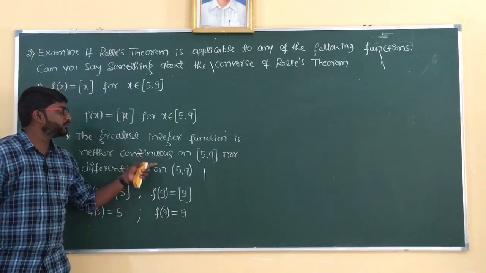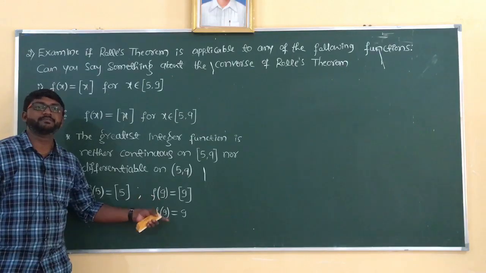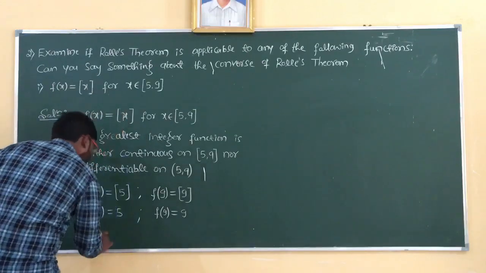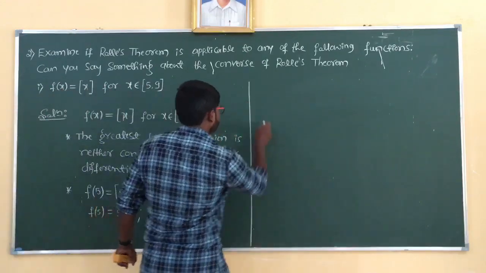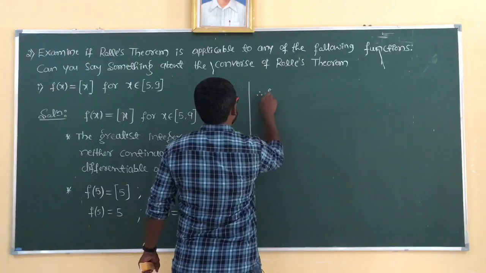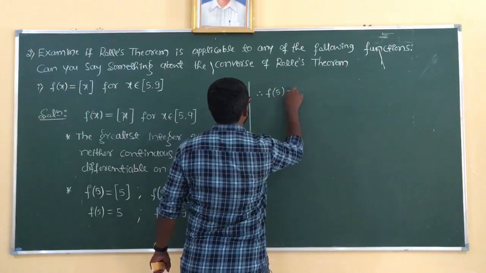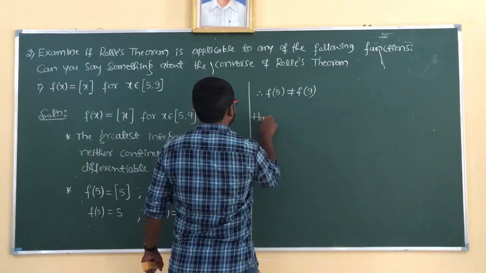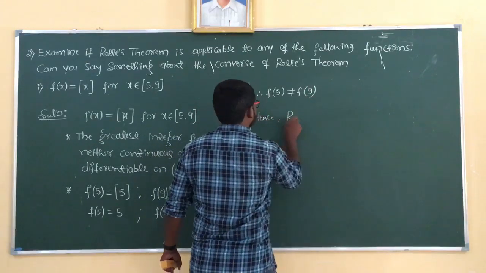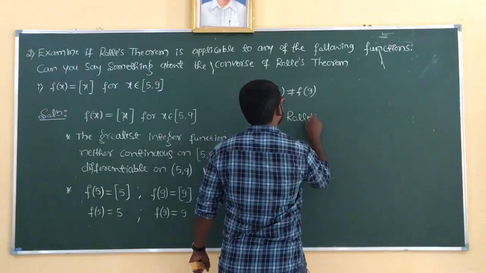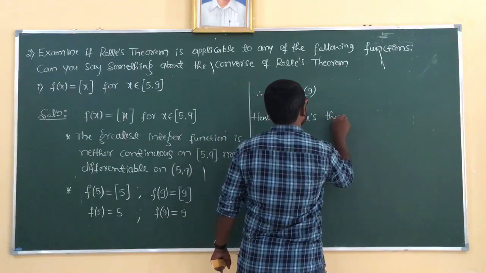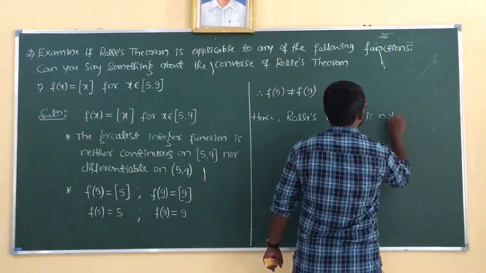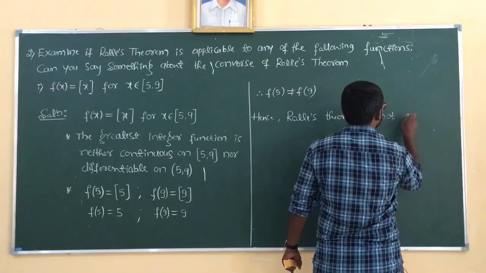So here both the points are not satisfied, therefore Rolle's theorem is not applicable. Therefore f of 5 is not equal to f of 9, hence Rolle's theorem is not applicable.